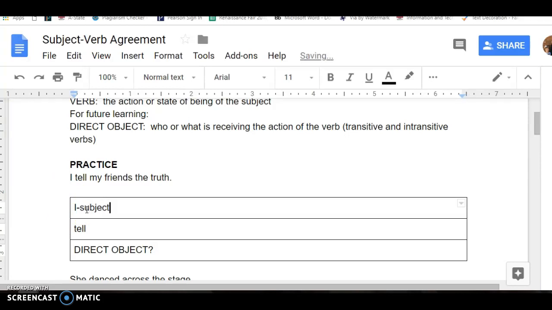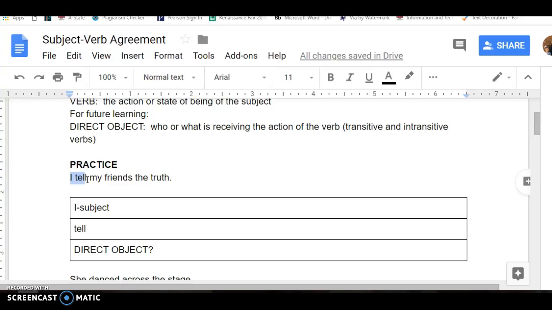To make sure even more that the subject of the sentence is I, you have to have that direct relationship between your subject and the verb of the sentence. So you scan your eyes to see if there is an action or a state of being. And of course, you come up on the verb tell.